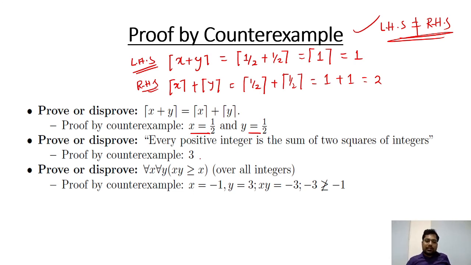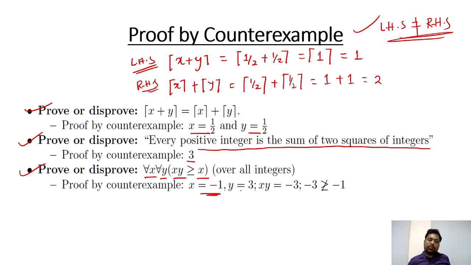Okay, so like this, every positive integer is sum of two squares of integers. You can take the example of 3 also. Here in the third example, it is written. So for all x and for all y, xy is greater than or equal to x, so that you can take any value of x.